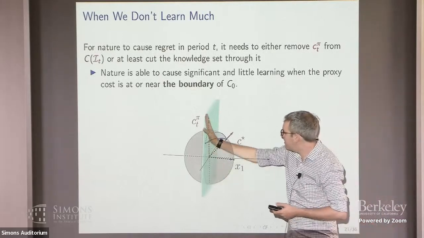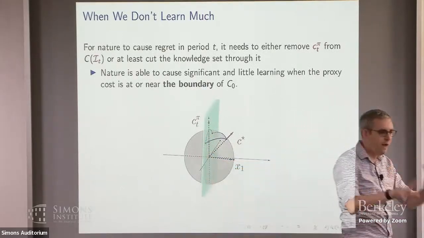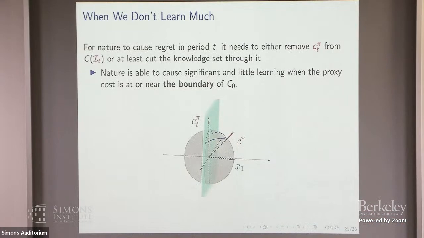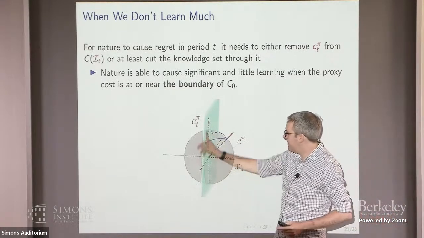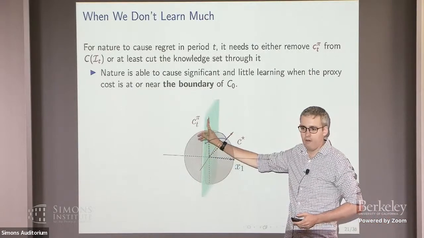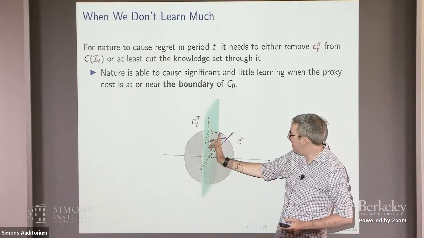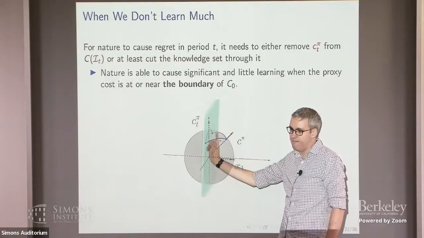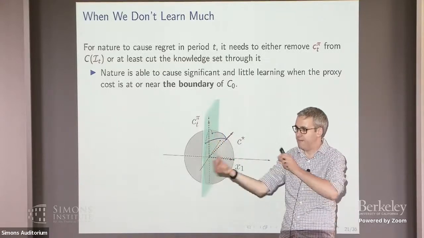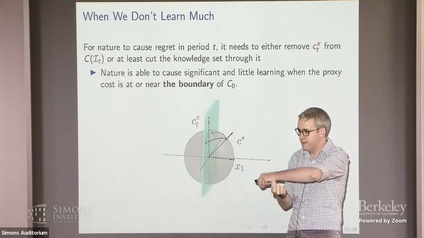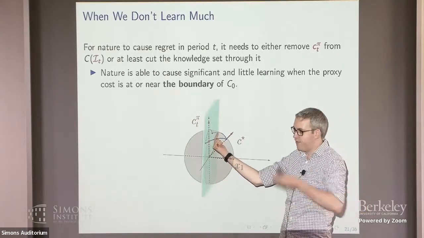That was the problem here. The proxy cost was right on the boundary. So I do have an exploration-exploitation trade-off here: if I want to exploit, I choose the circumcenter, which might be on the boundary. If I want to explore, I choose a cost in the middle of the set, with middle defined by distance to the boundaries. And then I'm going to force nature to cut through it.